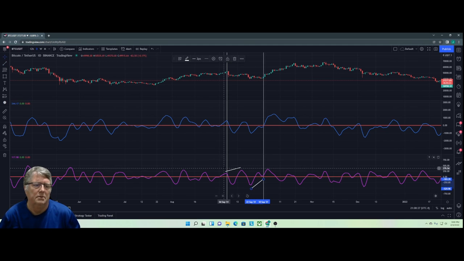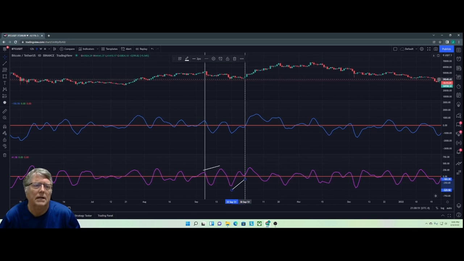It is telling you before the actual move happens that we're going to be expecting higher highs next and higher lows. And then at the moment that it tells you that, what comes next? Higher highs, higher lows.